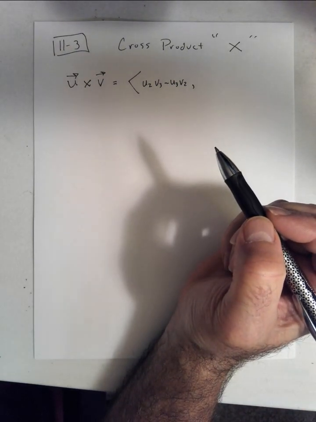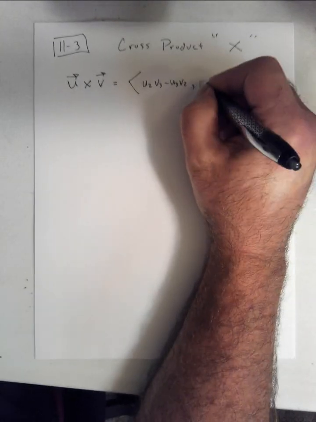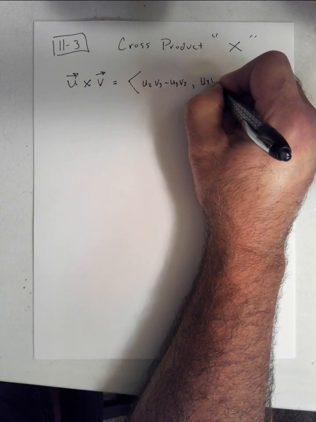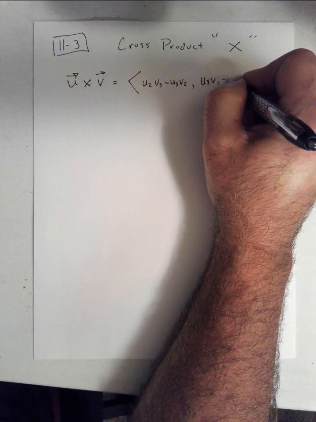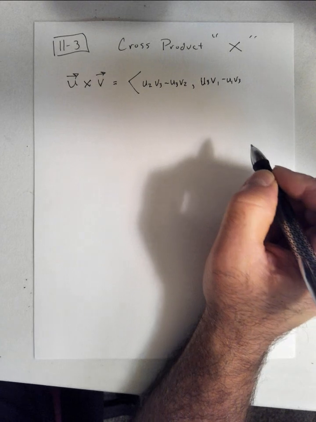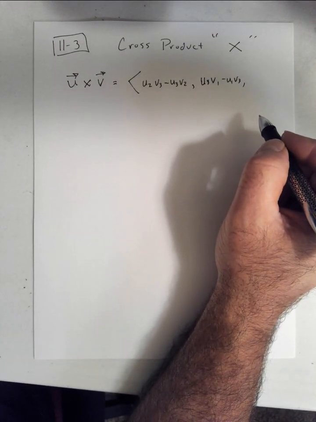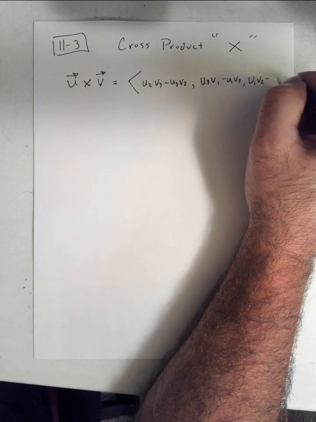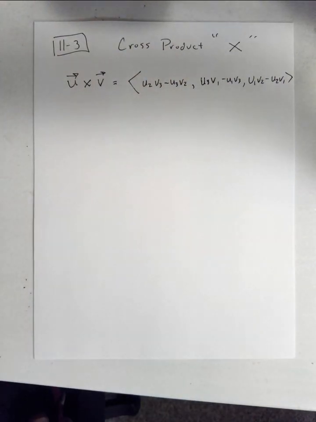And then it's u3v1 minus u1v3, and that's the y-coordinate of the new vector. And then it's u1v2 minus u2v1. So that is the formula for the cross product.